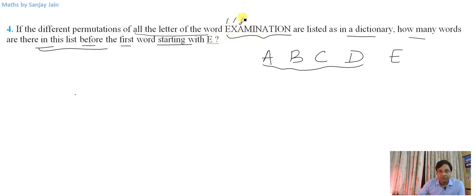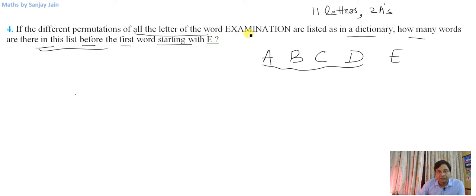1, 2, 3, 4, 5, 6, 7, 8, 9, 10, 11. So there are 11 letters in total, out of which I have got 2 A's. Is there any other repetition? E is not being repeated anywhere. X is only once.